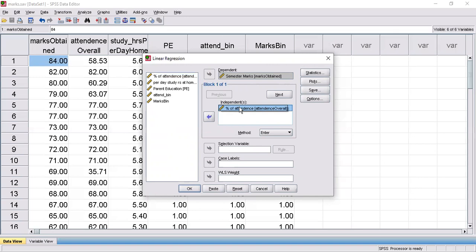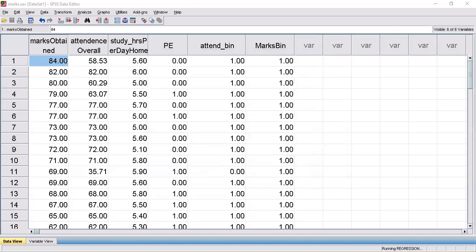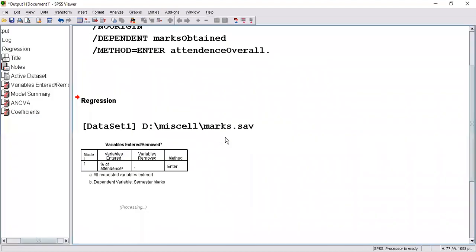The values of beta 0 and beta 1 will be obtained by the regression method, which I discussed previously. So I click OK, and I will get the output file, and the output file is this one.